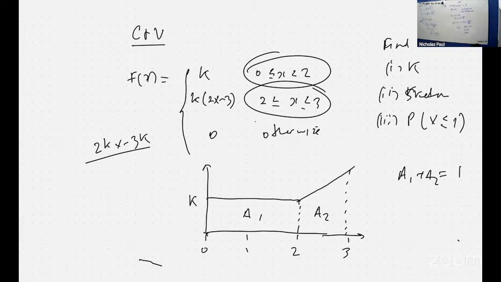If I find area 1 and area 2, I am going to get 1. And then I can use that to find k. And once I have k, I can easily find anything they want me to find. So try that now. I'm giving you 2 minutes.